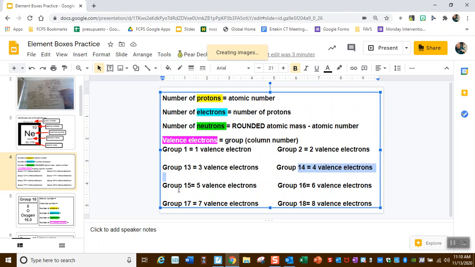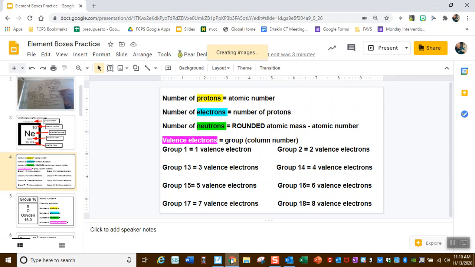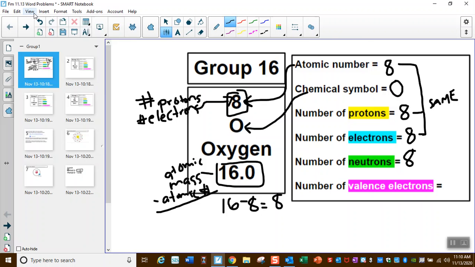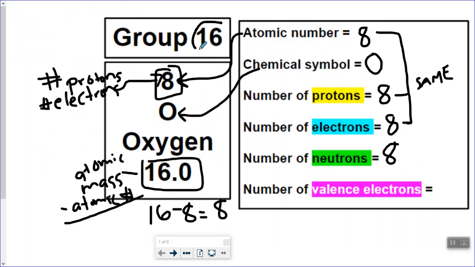Group 14 has 4, 15, 5, 16, 6, 17, 7, and 18, 8. Oxygen is in group 16. That means it has 6 valence electrons. So this is going to be 6. Easy, right? All right.